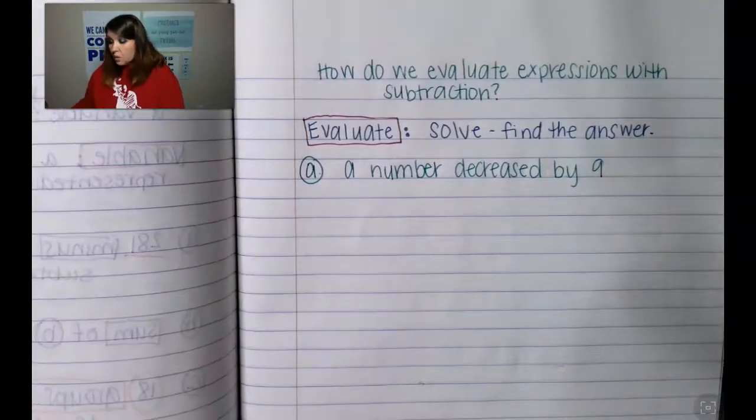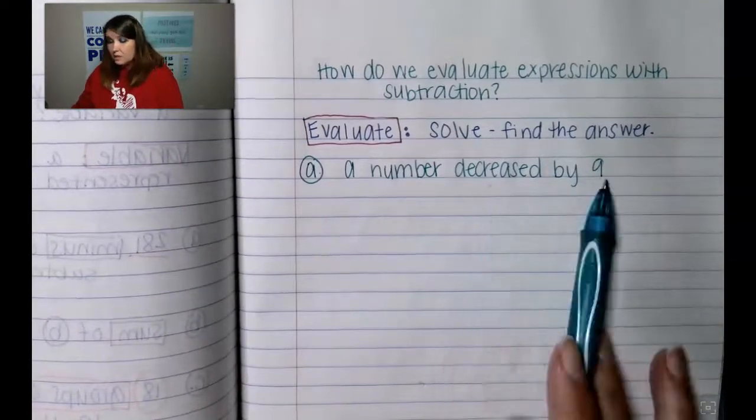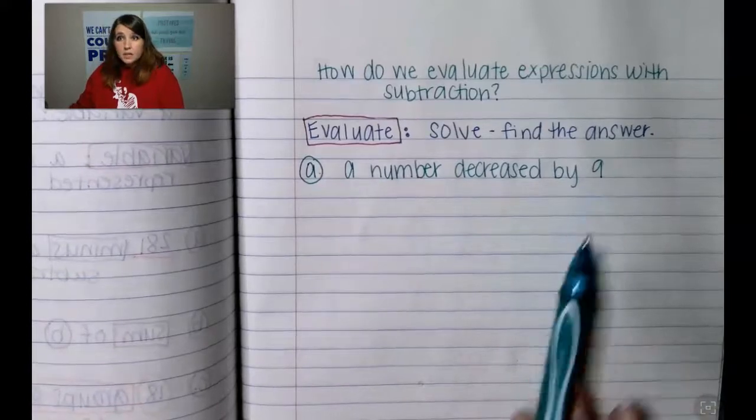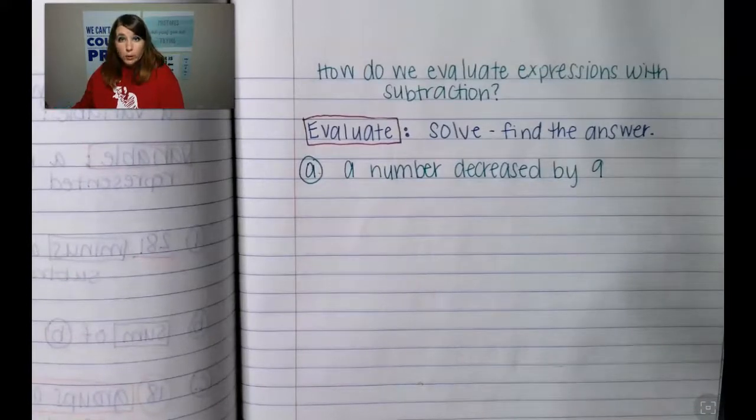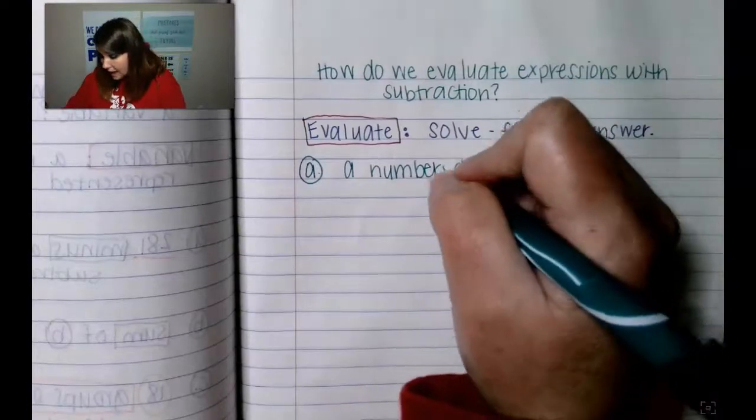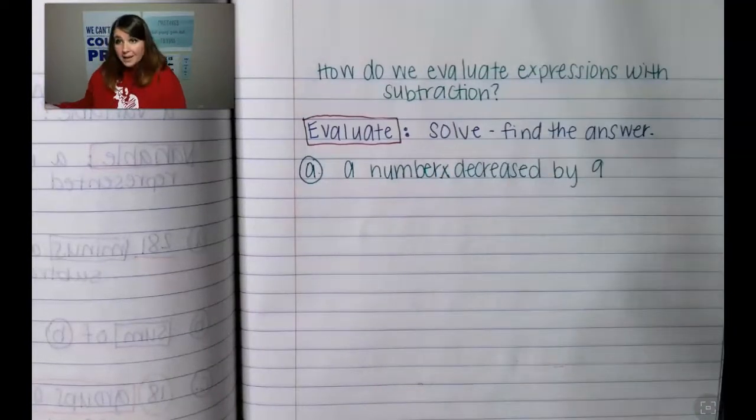They didn't give us what the number is, so we can put in our own number. Let's just put in x. A number x decreased by 9.